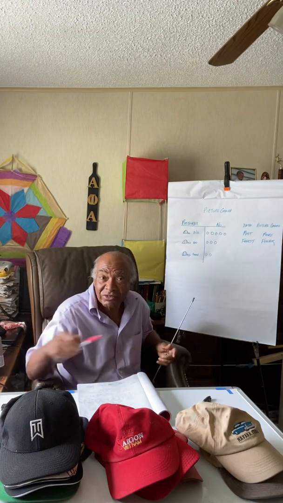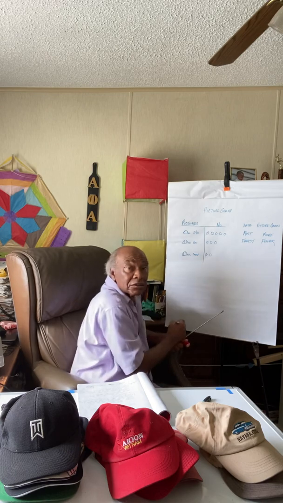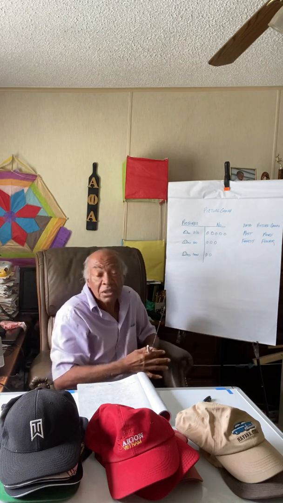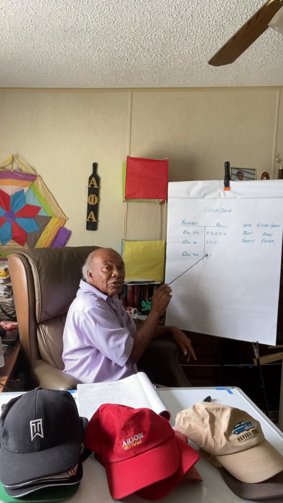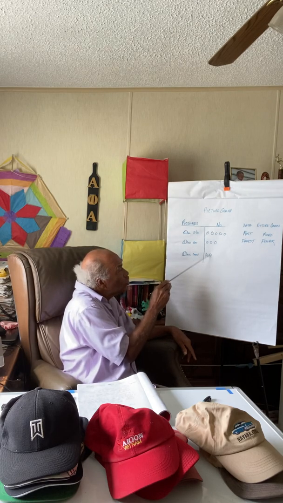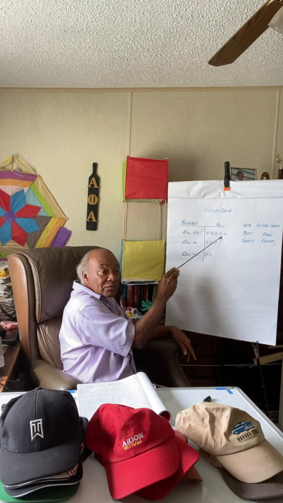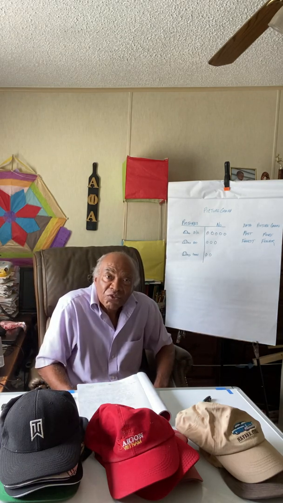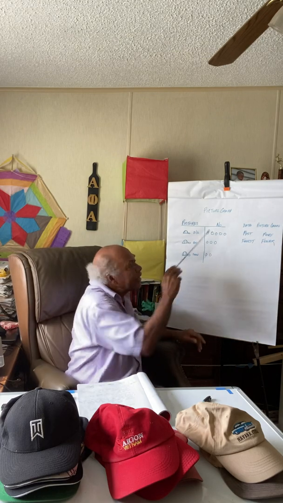Let's cross it off. 1, 1. 1, 1. How many fewer hats does the brown have than the black? We crossed off 1, 2 here. And what's left? 1, 2, 3. So there are 3 fewer brown hats than black.